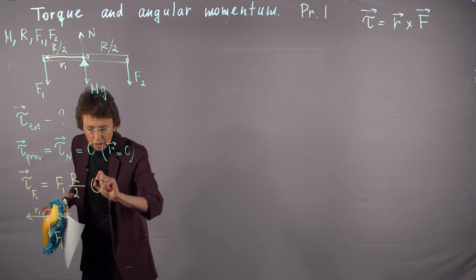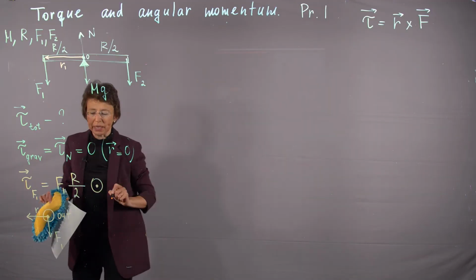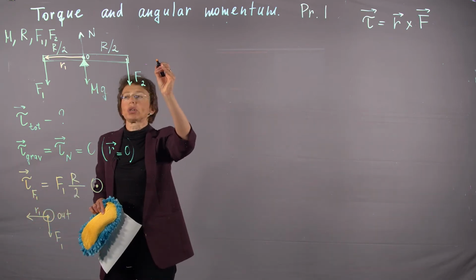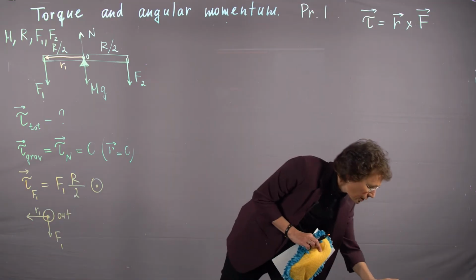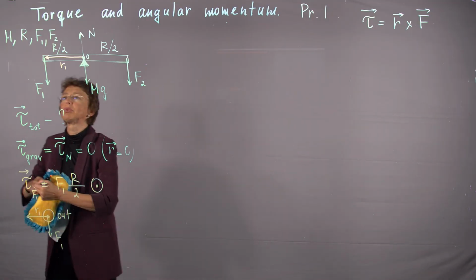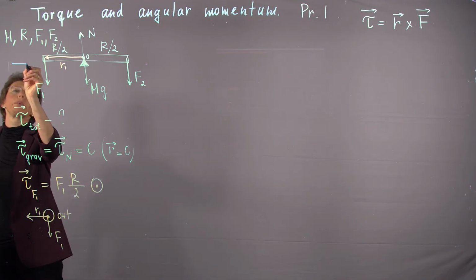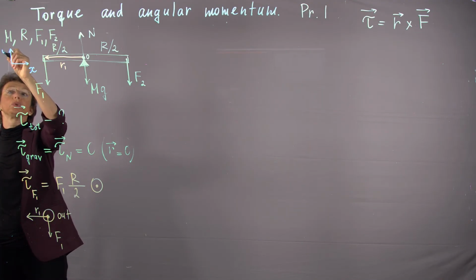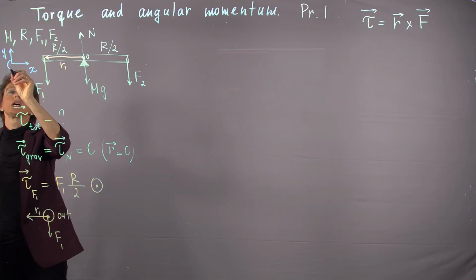How do I show this? This will be out of the page. If I introduce a coordinate system, I will use the standard one; for this problem it's not important, though sometimes it really matters. So x, y, and z follow the right-hand rule.